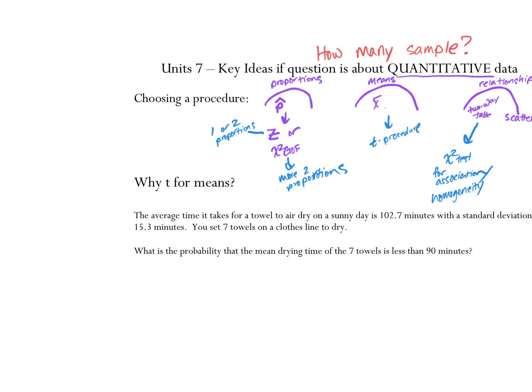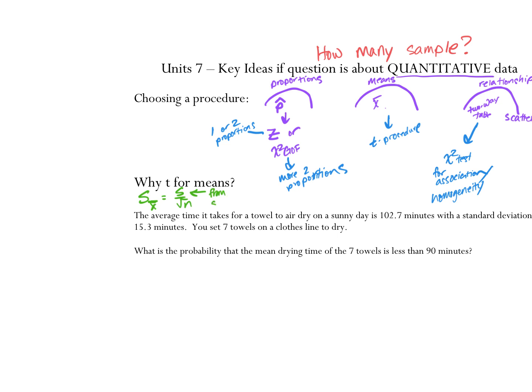Now, the other thing is we switched to T for means, and I know we talked about this already, but I'm going to talk about it again. The big thing is my standard error of the mean, s of x bar, is s over the square root of n, and that s is from the sample.